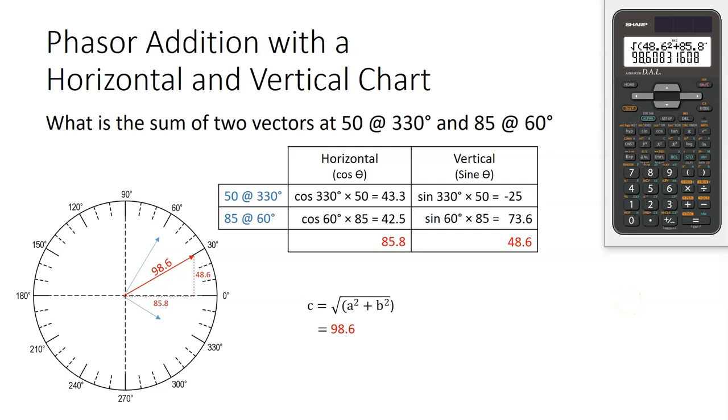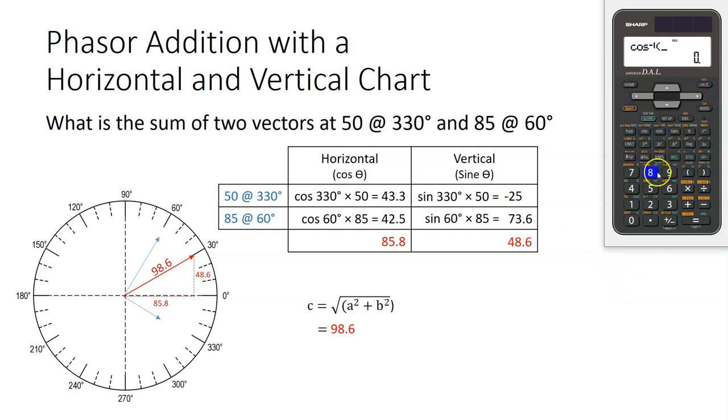And then the last thing we need to figure out is the angle. To figure out the angle, we will take the adjacent side over the hypotenuse. We will use our cos function. We will have to transpose it, so we are the inverse cos of the adjacent over the hypotenuse. Second function cos gives us our inverse cos.